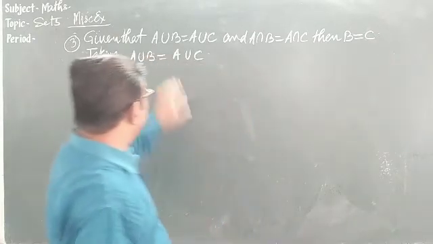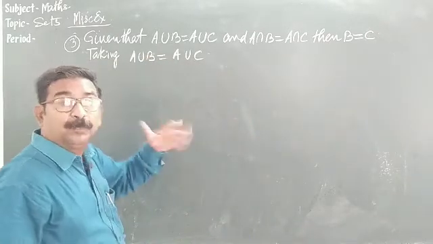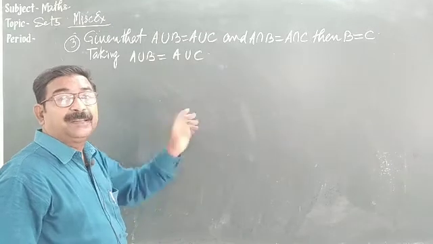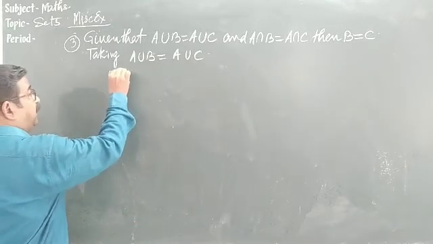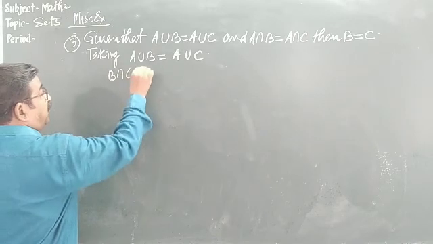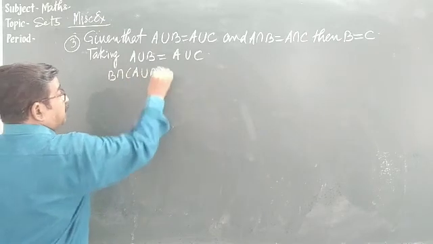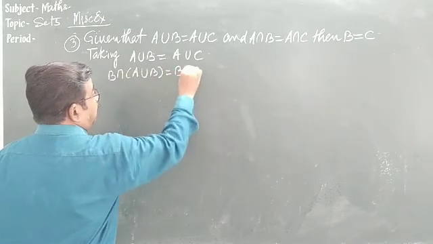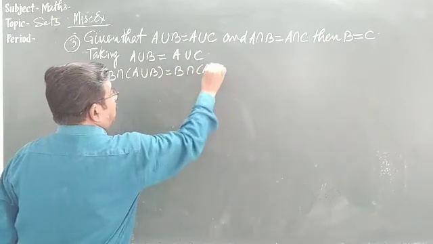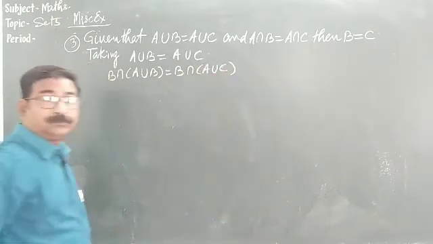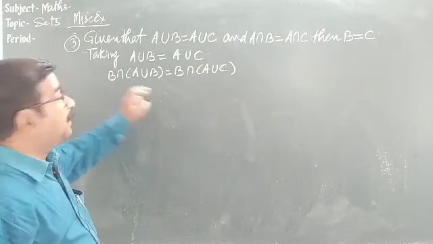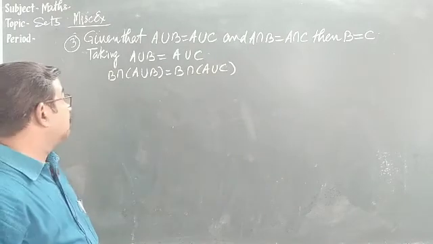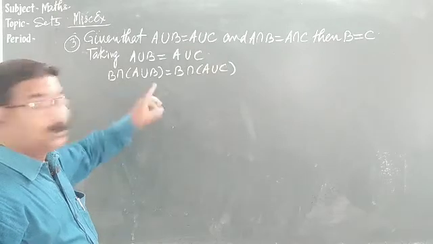So what to do? We have taken the union condition, so prefix B intersection on both sides, like this: B intersection (A union B) is equal to B intersection (A union C). Is it? Because we have to prove B is equal to C. Now apply the distributive property.